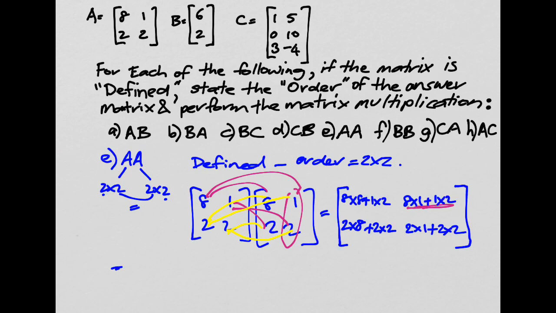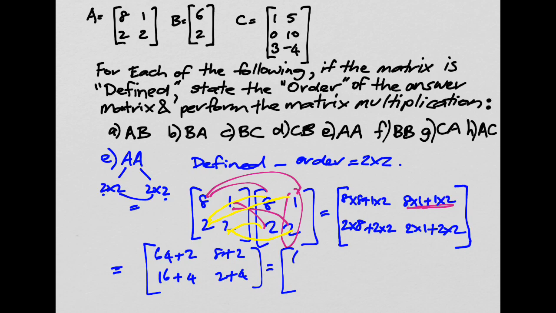So that equals 64 plus 2, 8 plus 2, 16 plus 4, and 2 plus 4, which gives 66, 10, 20, and 6.